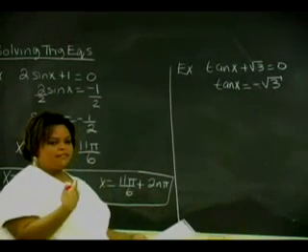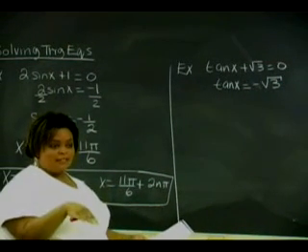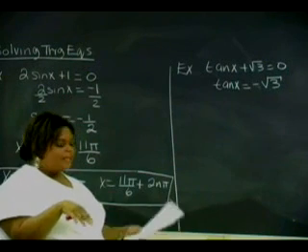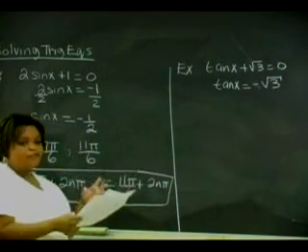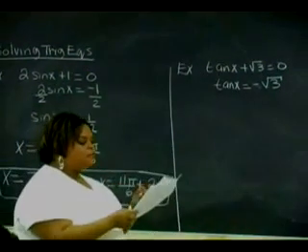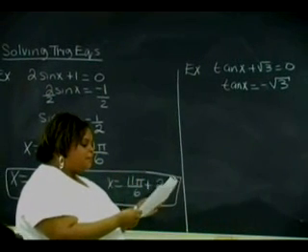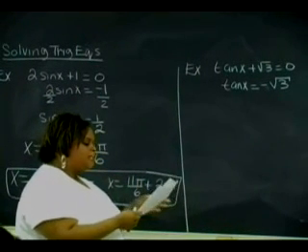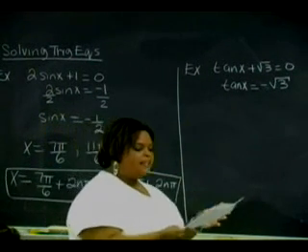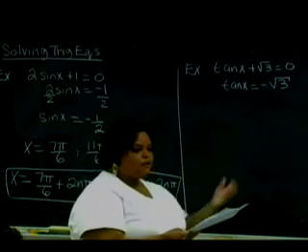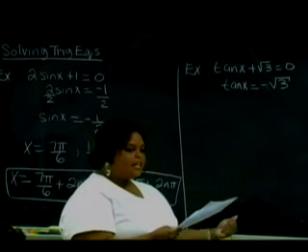Tangent is what? Sine over cosine, right? And if I look at my unit circle, I see square root of 3 in there, but I see what? Like if you look at pi over 3, it has cosine 1/2, and it has sine square root of 3 over 2. Will that ratio of sine over cosine give me square root of 3?